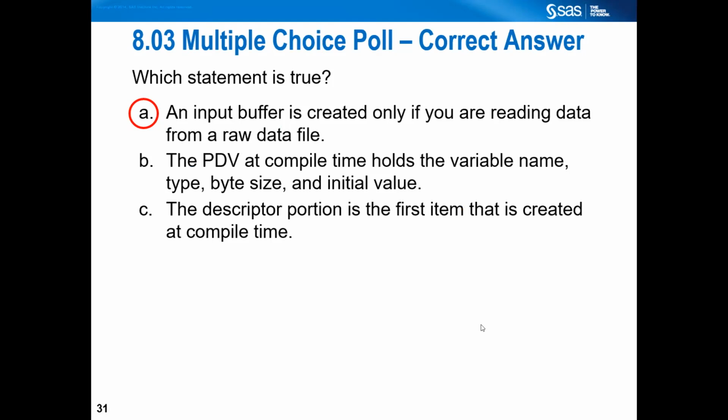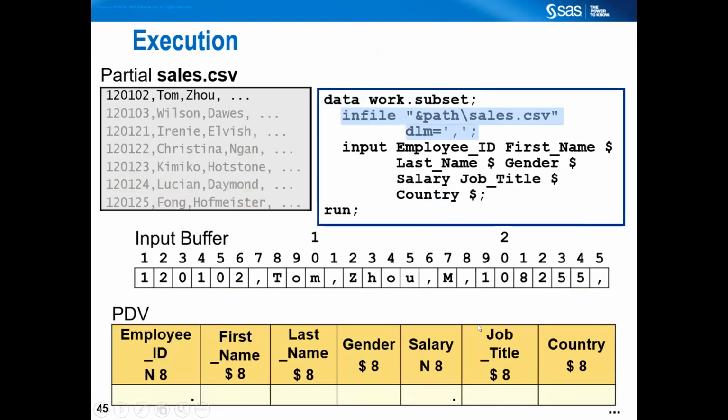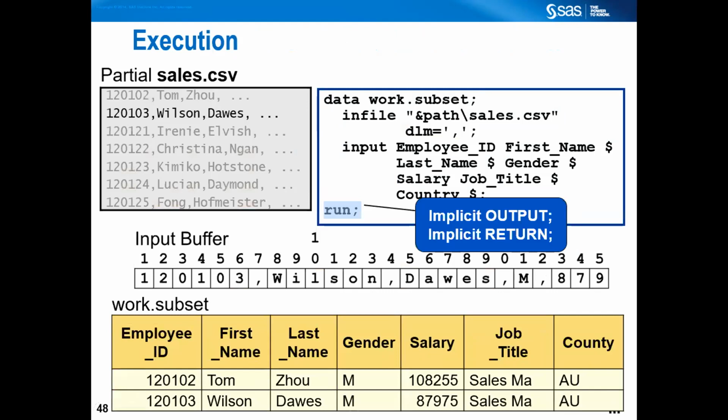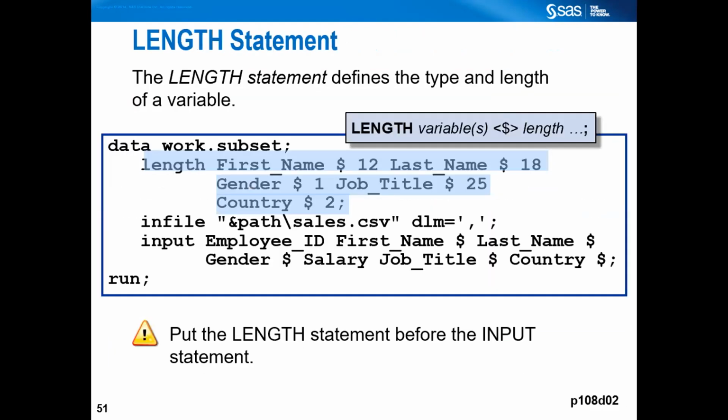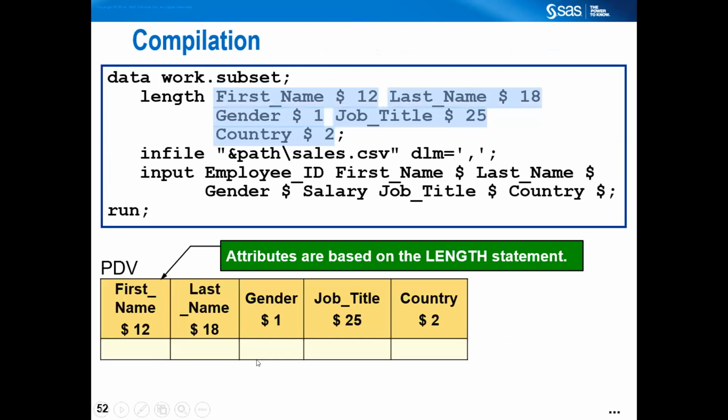Sure. So this is how we had seen the execution and the length. So what is the syntax? It's telling put length statement before input statement, and hence see how it is doing.